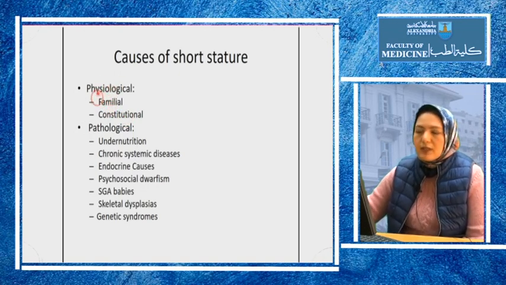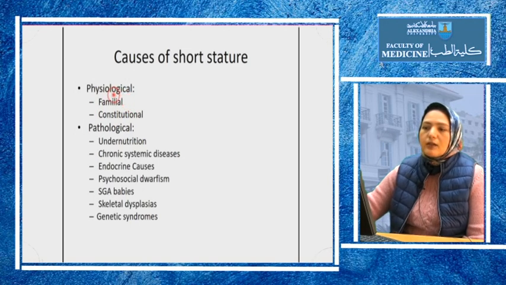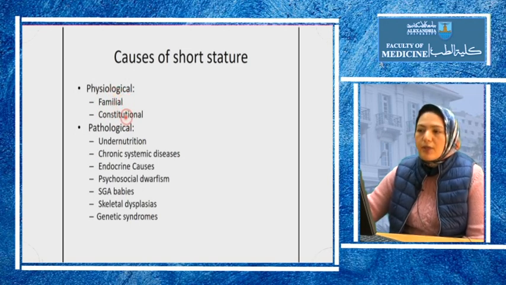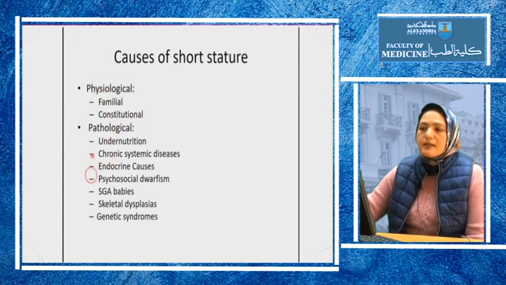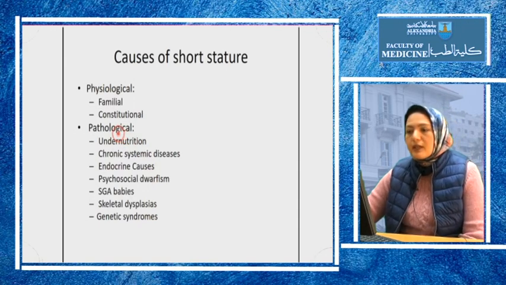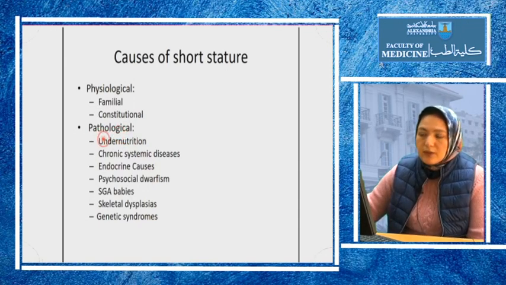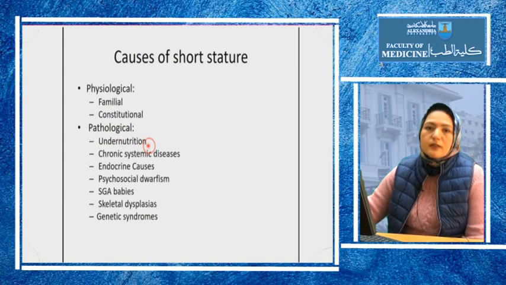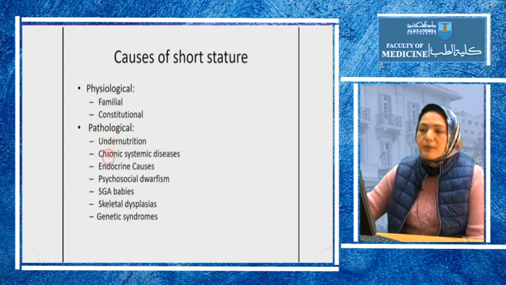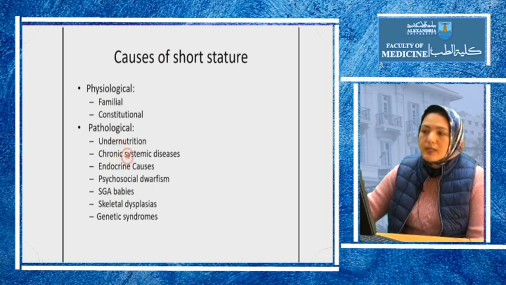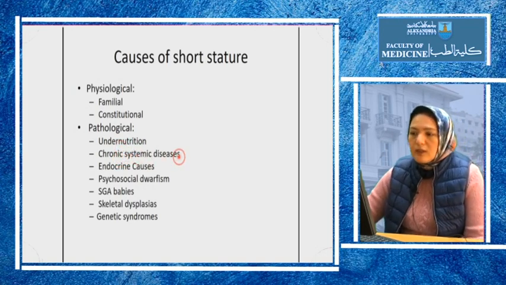Familial short stature and constitutional delay of growth and puberty contribute to the major causes of short stature. On the other hand, pathological short stature includes malnutrition or undernutrition, which is the most common cause of short stature worldwide, followed by any chronic systemic diseases that we are going to explain later on.